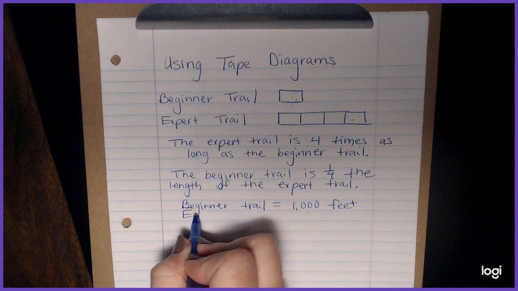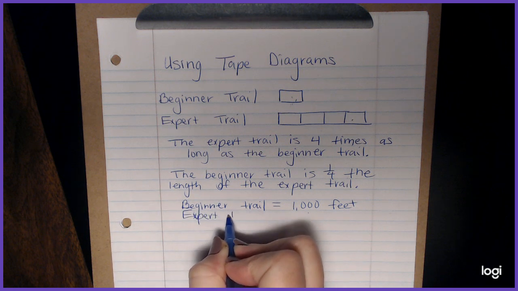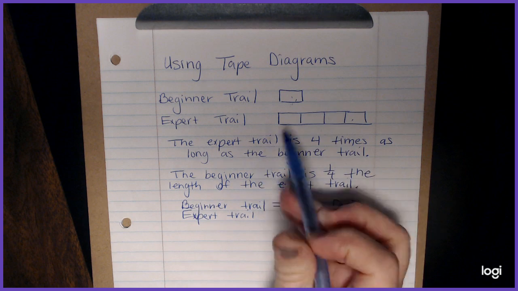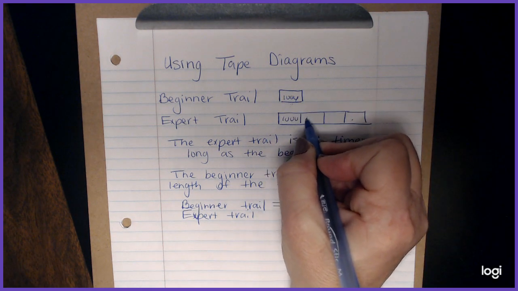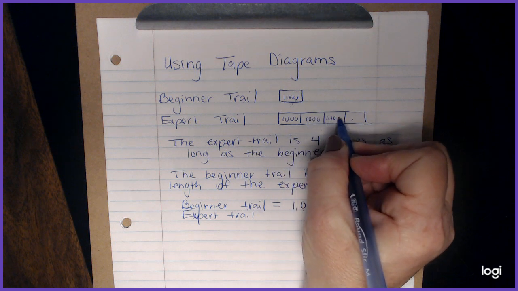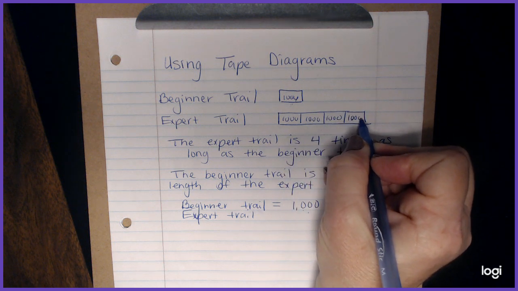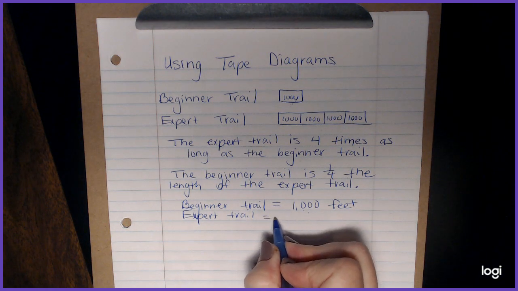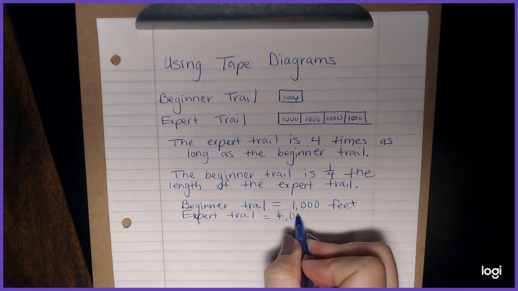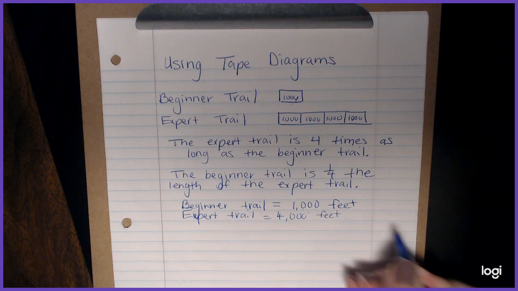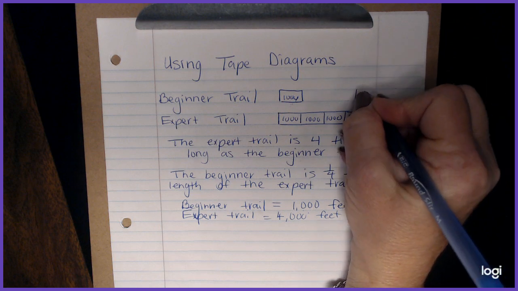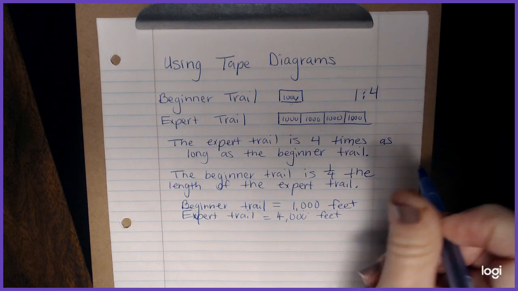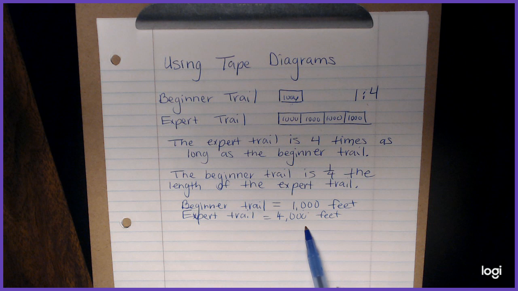Well, the expert trail then would be, if this is 1,000, that means all of these are 1,000. So the expert trail would be 4,000 feet total. So my ratio is basically 1:4 here in my picture, and I could say 1,000 to 4,000 if that was the length of my trail.